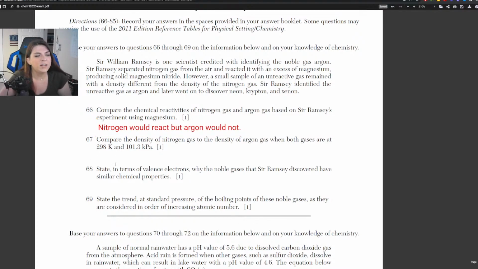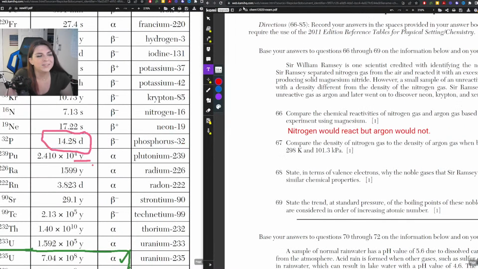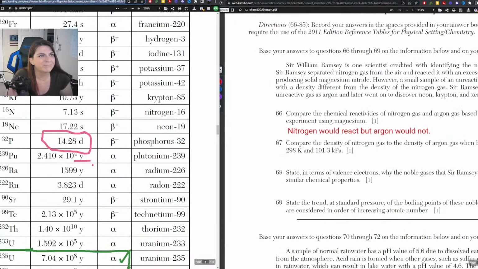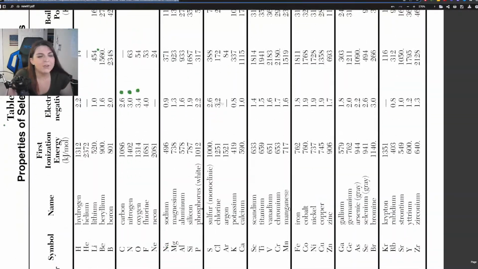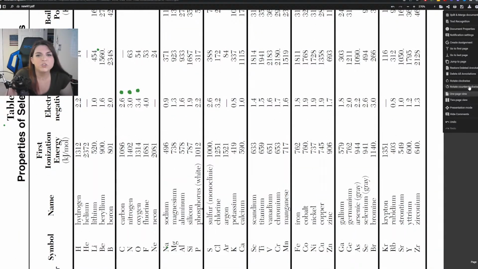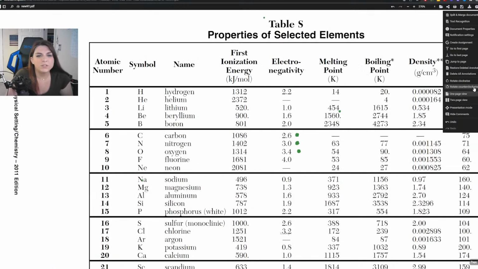Compare the density of nitrogen gas to the density of argon gas when both gases are at 298 Kelvin and 101.3 kilopascals. This is a great question because it's just asking you to look at table S, even though it doesn't say to look at table S. And this is why, if you haven't yet, you should go watch my stream on the reference tables.